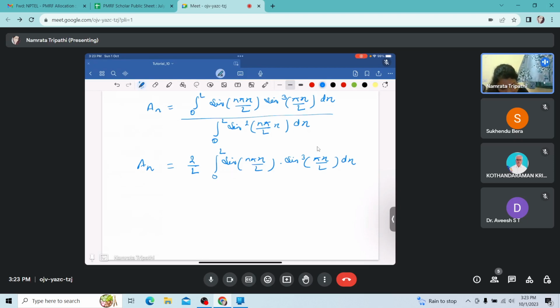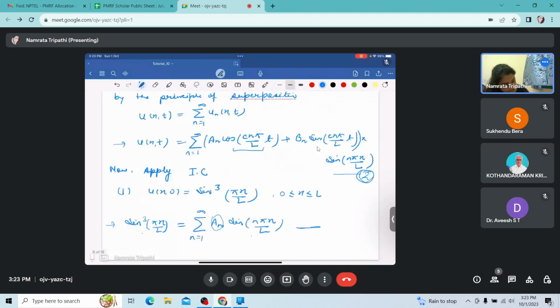Or we can do one more thing. Without solving the integration, we can find the value of a_n from the series, with the help of sin³. Can we expand the right hand side and compare?